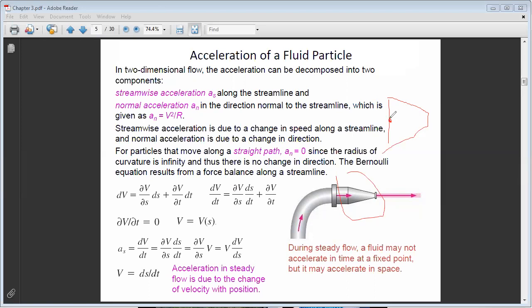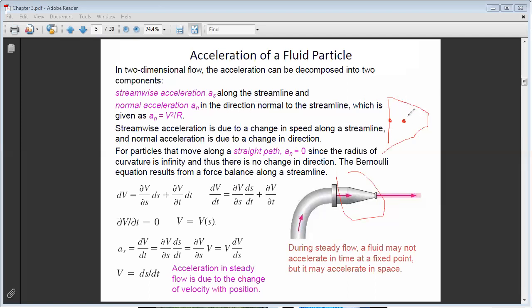But this does not mean that if I change position, I will obtain the same result. When we take a fluid flow, we are not concerned with just one particle, we are considering a field of particles. I have variation with position and I have variation with time.